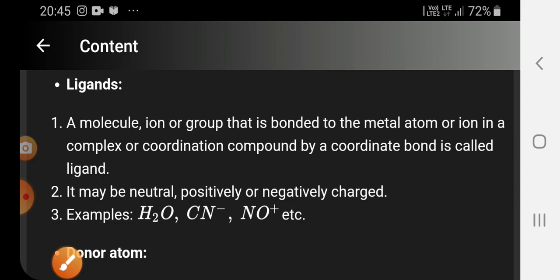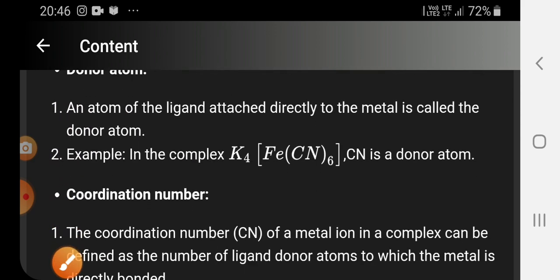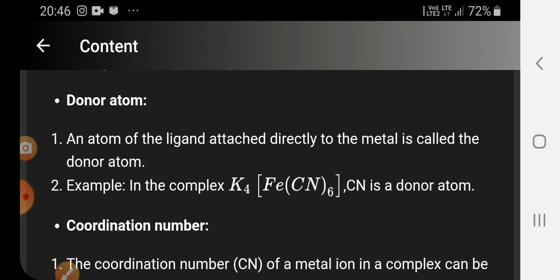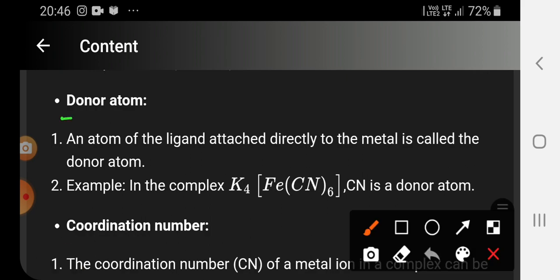Now the next part of this topic, donor atom. As I have stated earlier, the donor atom is the atom of a molecule or molecular ion which has an extra pair of electrons and is capable of donating pairs of electrons to the central metal atom or ion.